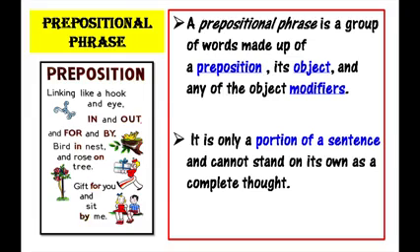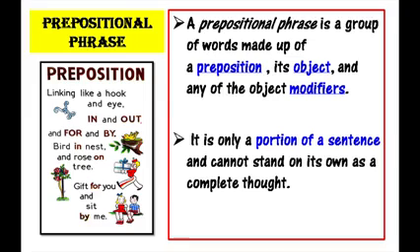In English grammar, a prepositional phrase is a group of words made up of a preposition, its object, and any of the object's modifiers. It's only a portion of a sentence and cannot stand on its own as a complete thought.